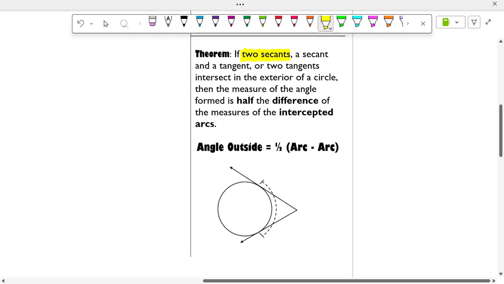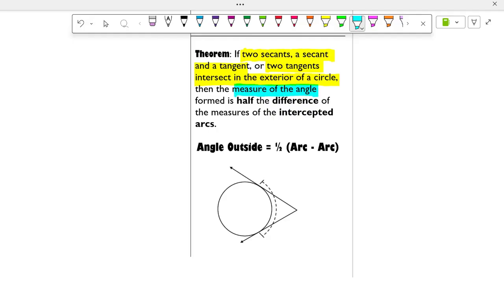If you have 2 secants or a secant and a tangent or 2 tangents that intersect in the exterior of a circle, what does exterior mean? Outside. Then the measure of the angle formed is half the difference of the measures of the intercepted arcs.